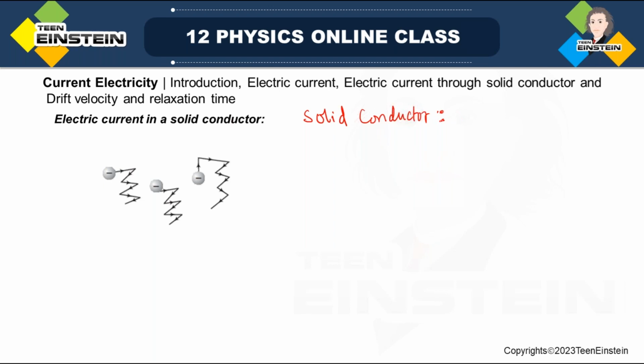Suppose I take a piece of conductor, it has a huge number of positive ion cores sitting in it. These are relatively massive particles. They cannot move from one place to another, which is why they are called lattice. They are sitting at that particular position according to symmetric consideration.